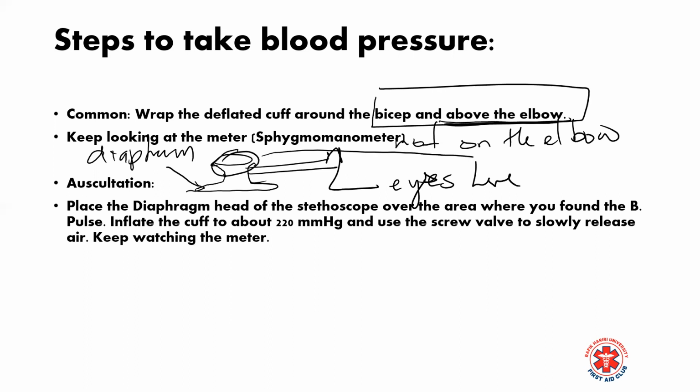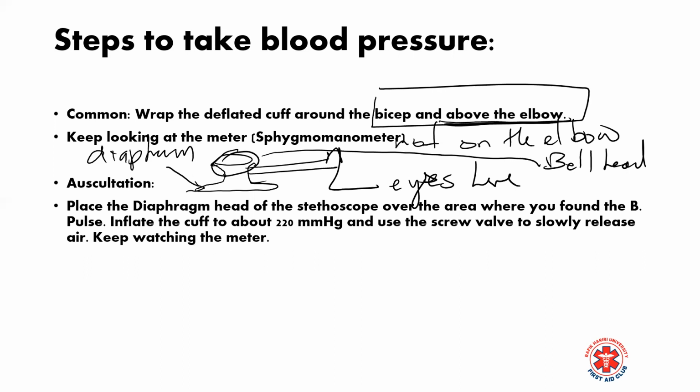This is the bell head. This is for lower frequencies. The stomach, for example, I can listen to the stomach using the bell head. I can listen for distinct sounds inside the heart.